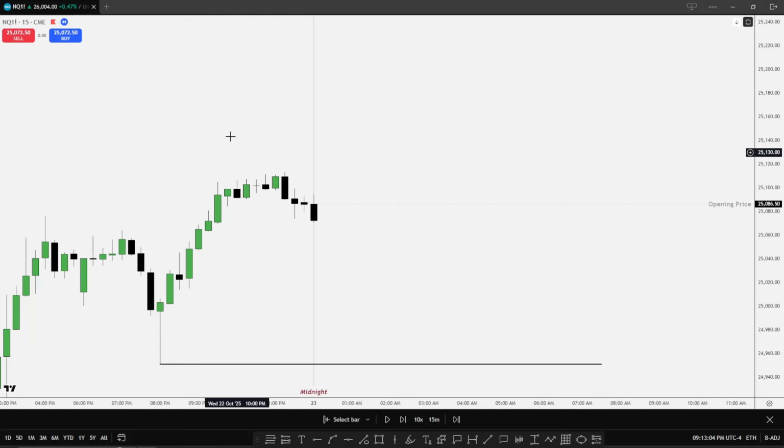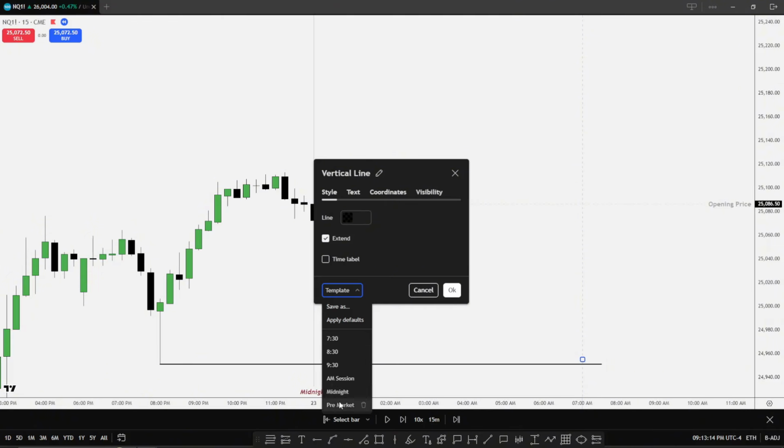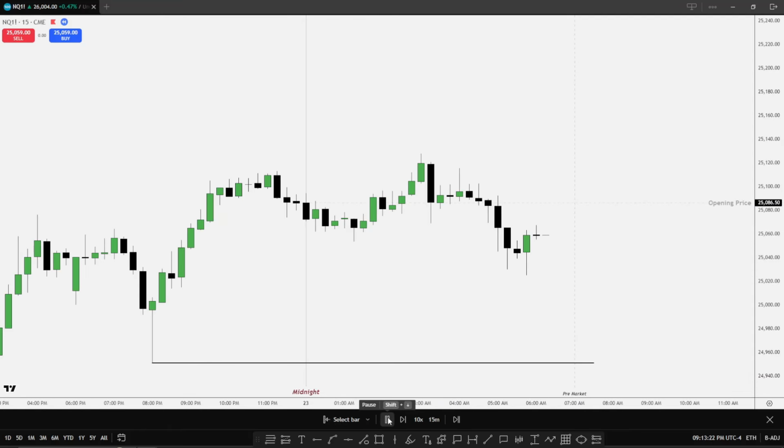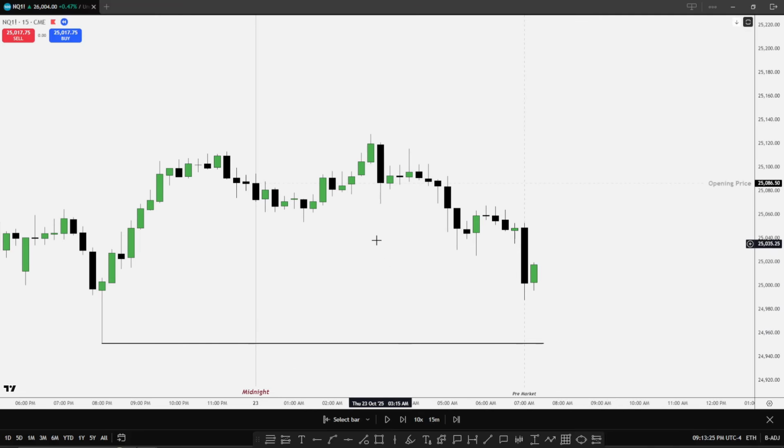All right, so looking at this example here, you can see from midnight to pre-market. We don't really trade this. We use this as like information. So coming to pre-market, you can see we're beneath the opening price.